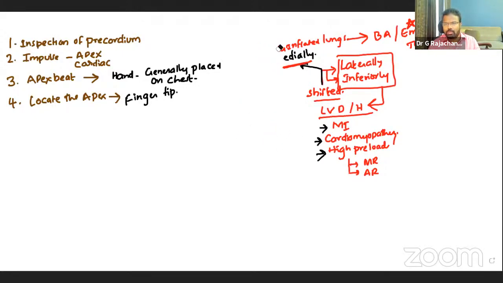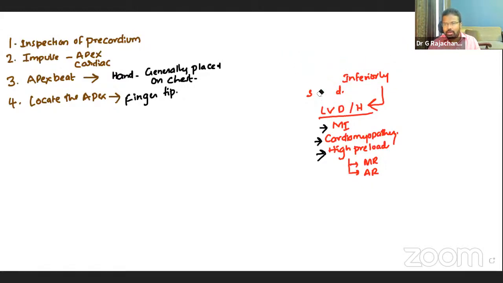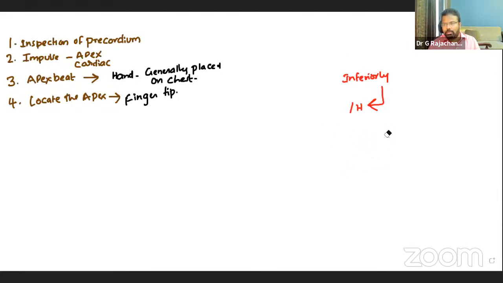How is the normal feel of an apex beat? Apex beat is very much localized. Now, there are two pathologies. I'll tell you, the apex is contributed by only the left ventricle. Now look at this. For example, let us say this is the apex of the heart.